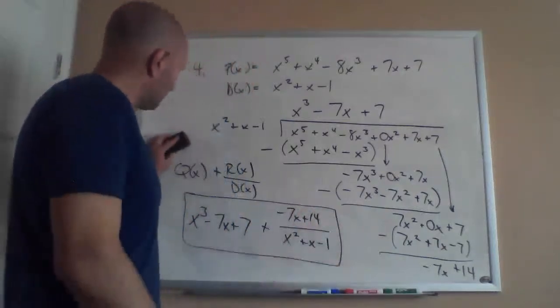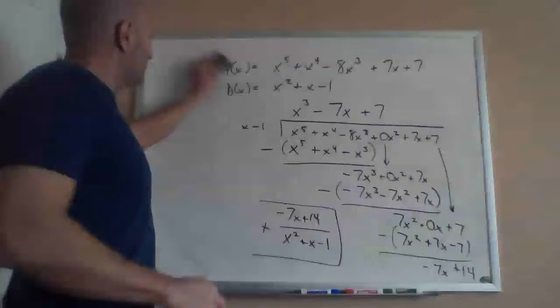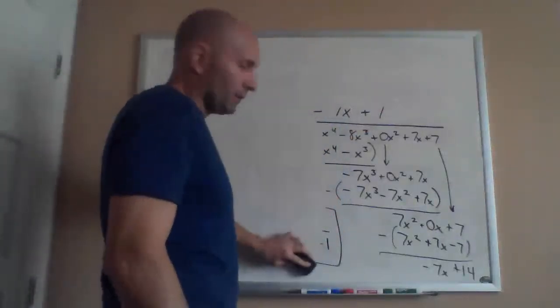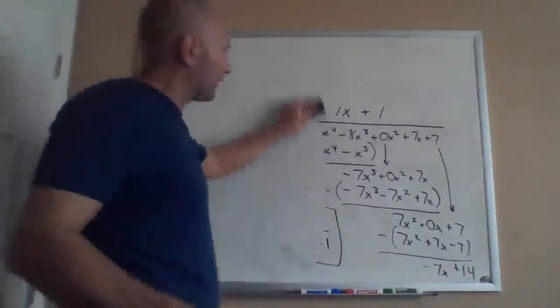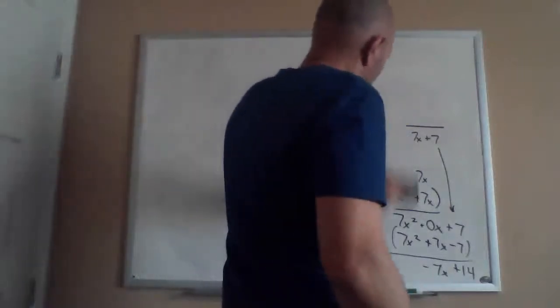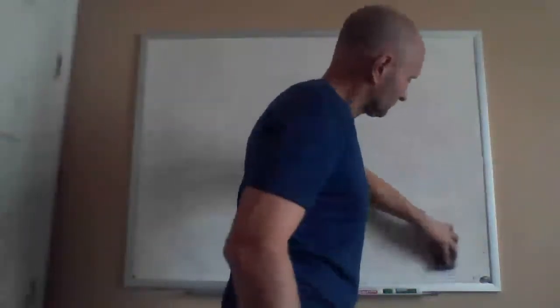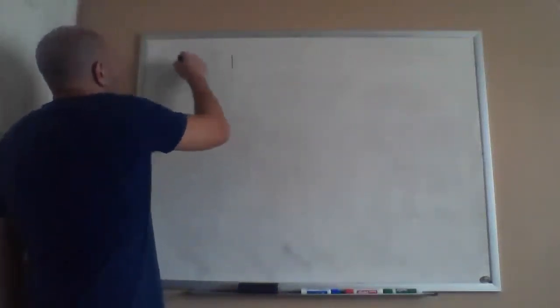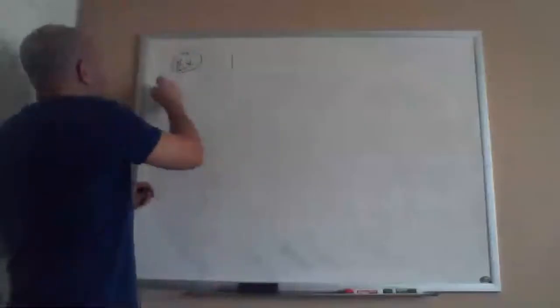So let's go through one of those, more than anything, just to make sure everybody understands the process and what we're doing. Taylor asked about x plus 4, so we'll do one of those. So let's say we want to divide p of x. I guess I should have made the last one the attendance problem.